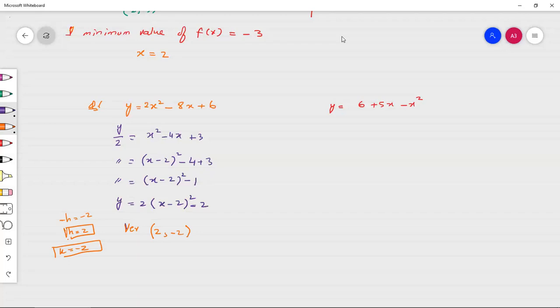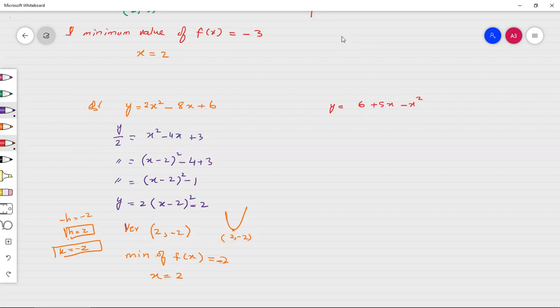In this case we have a minimum value because the graph is open upward. So the vertex is 2 and minus 2. Minimum of f of x will be minus 2. And where does this minimum value exist? x is, no, not minus 2, x is equal to 2.